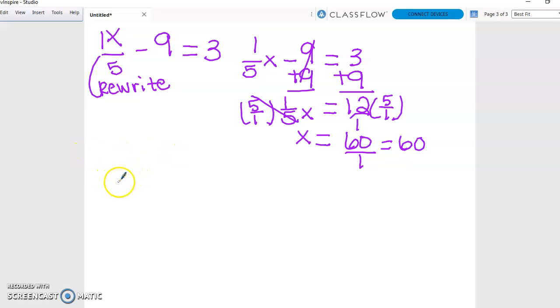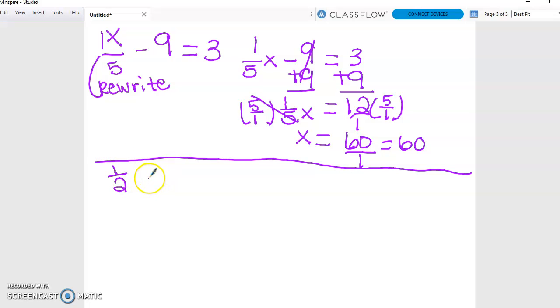Now let's look at a different kind of problem. Remember what we did here. We just rewrote it to make it look easier for us. So let's look at a different style of problem. We have 1/2 parentheses x plus 2 equals 21.